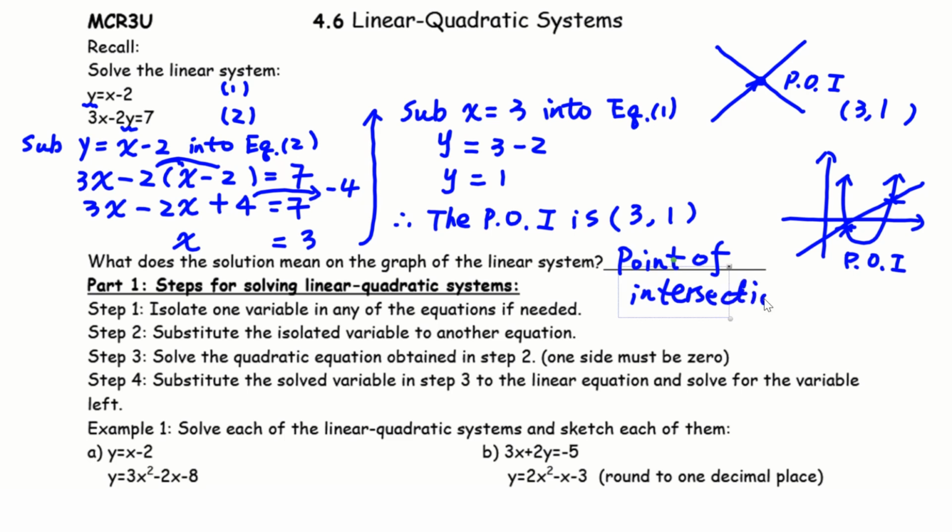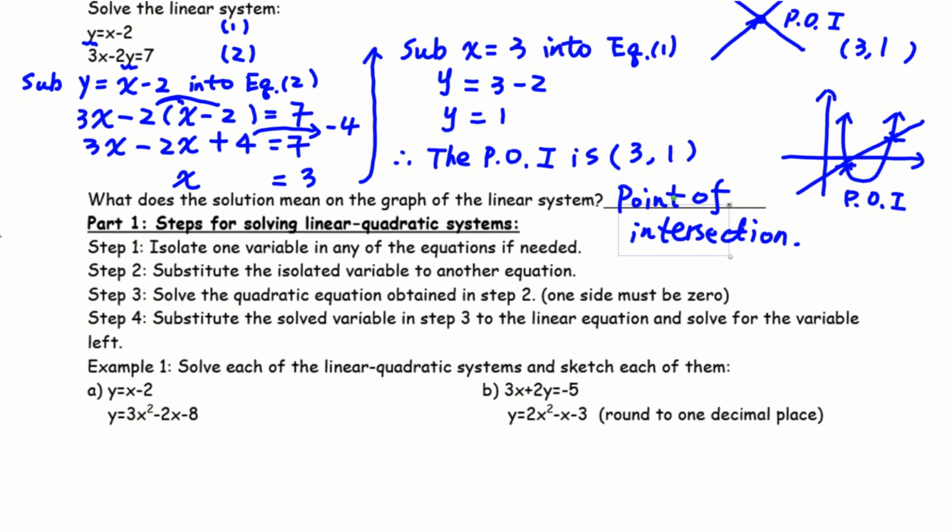And we are going to use the same ideas. We want to get rid of one variable, then we have only another variable left in an equation, and we know how to solve one variable in one equation. So the steps are: isolate one variable in either of the equations if needed, meaning isolate either x or y. Then we sub it into the other equation to get rid of that isolated variable.